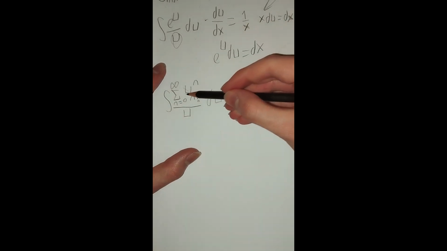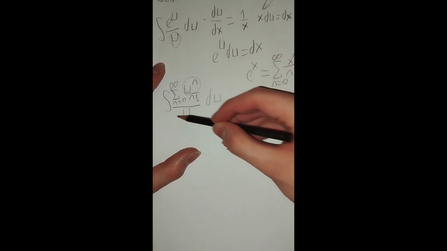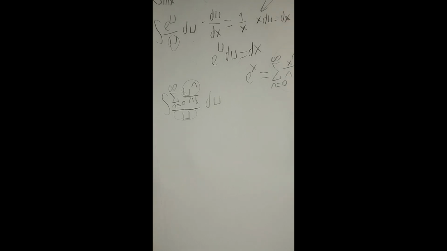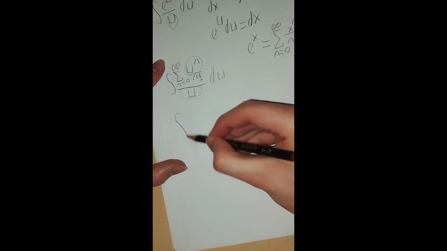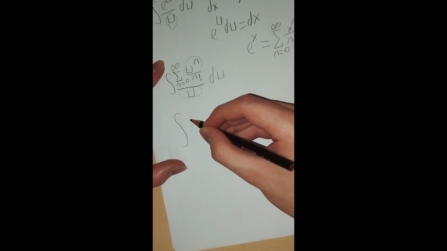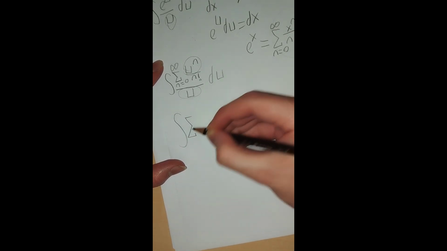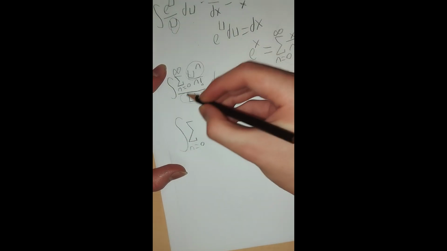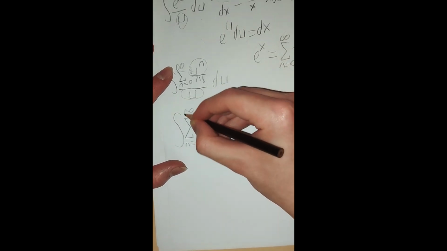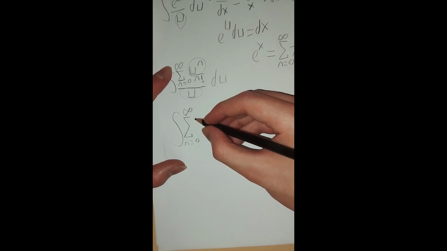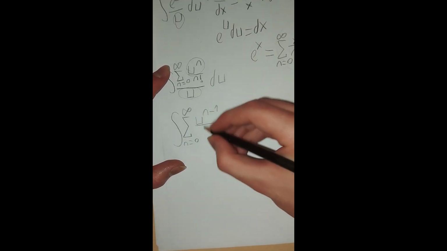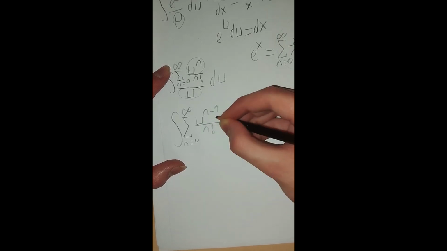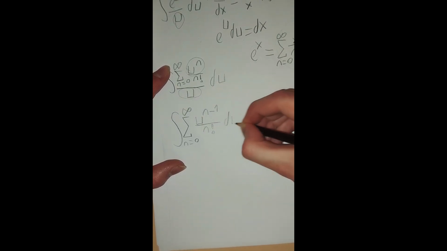Now realize that we have u to the nth power in here and we have u in here. So we can say this integral is equal to the summation, n equals 0 to infinity, of u to the n minus 1 divided by n factorial, du.